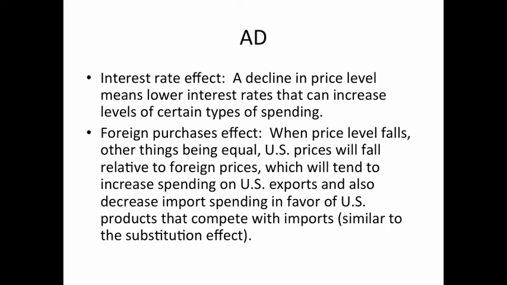But essentially, if the price level goes down, then demand for money will fall. The amount of money that people wish to hold will go down. And in our money market, which is just the demand and supply of money, a leftward shift in the demand curve, assuming that the money supply is fixed, will cause interest rates to go down.